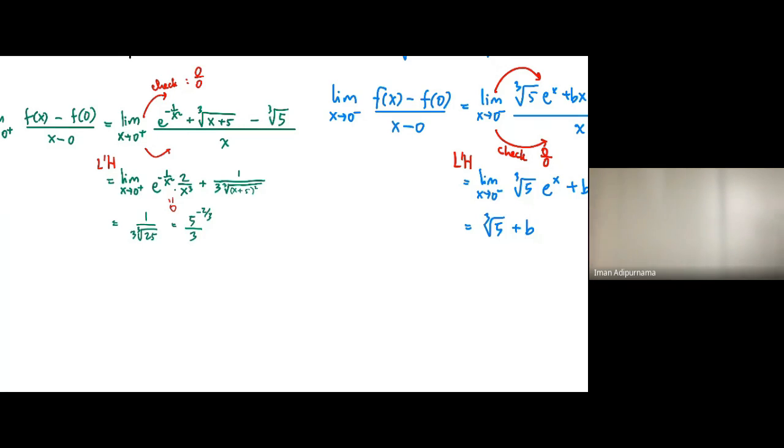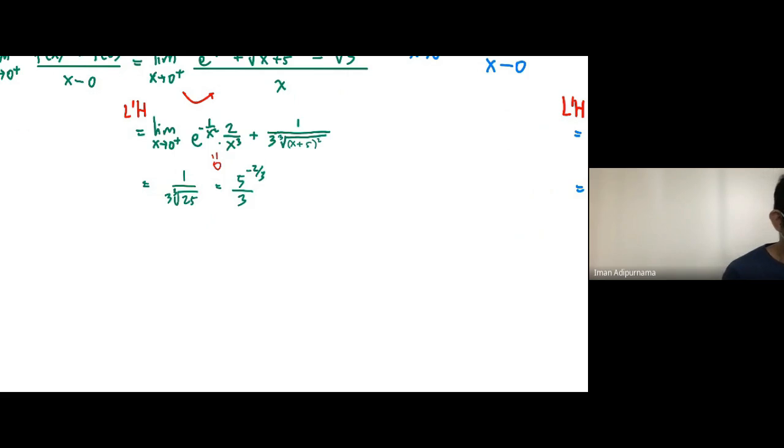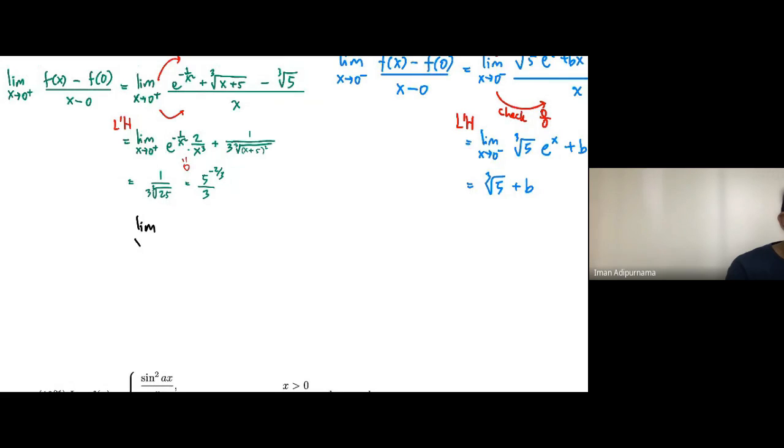Because it should be differentiable, the limit of x, let me write the whole thing here.